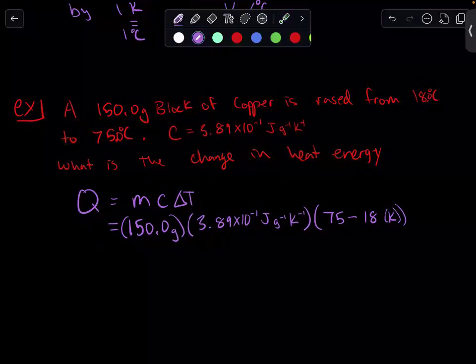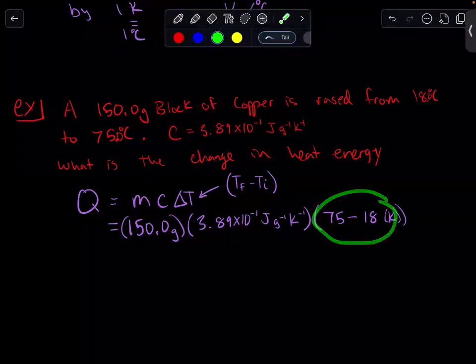This change in temperature is very important. You always do T final minus T initial. It'll help you get the sign correct for Q, whether Q is positive or negative. And once again, when we look at this change, a difference in degrees Celsius is exactly the same as a difference in Kelvin.